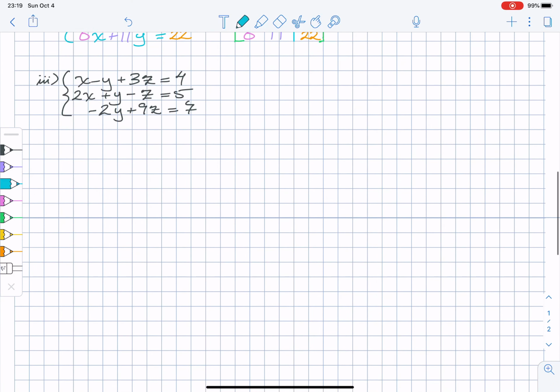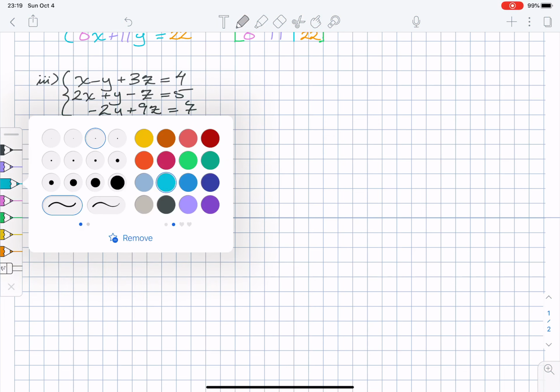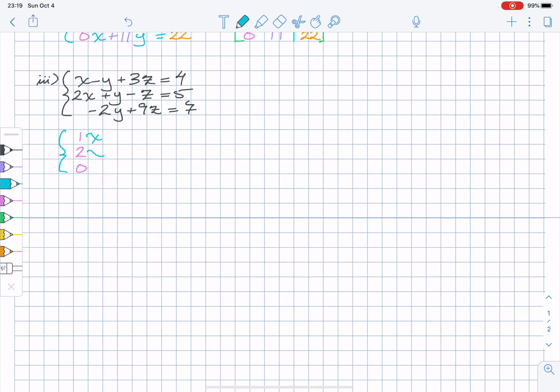Okay, so rewriting this, I claim that my coefficients of x are 1, 2, and 0. My coefficients of y are negative 1, positive 1, and negative 2. My coefficients of z, I guess I can use green, are positive 3, negative 1, positive 9 times z.